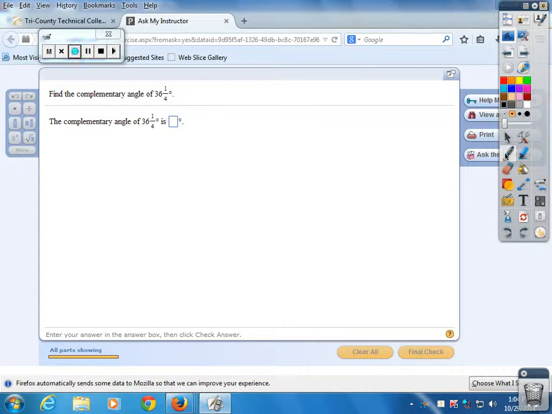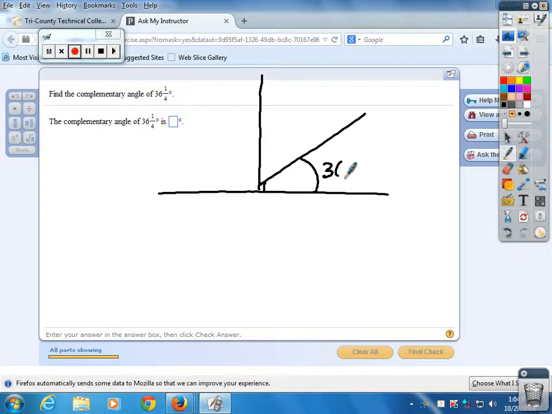Means that both angles equal what? So you can draw a picture right here. There's 90 degrees. And one angle is what? This angle is 36.25 degrees. So they want to know what this angle is right here. So x plus 36.25 is equal to 90.